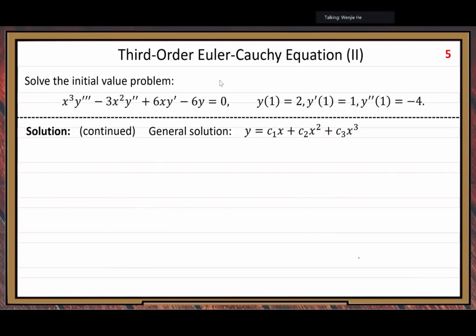Because we need to write a general solution, right? A linear combination, C1, C2, C3 constants. But when we write the general solution this way, how do you know these three solutions, x, x squared, x cubed, are linearly independent?